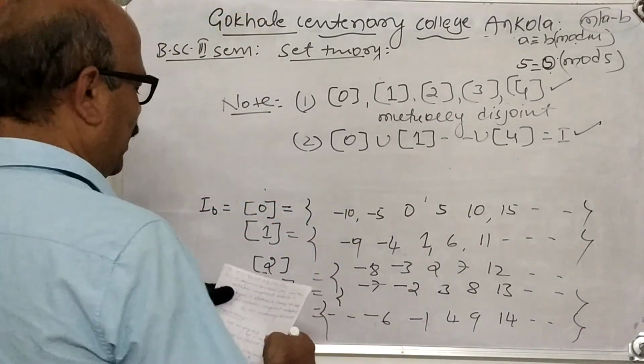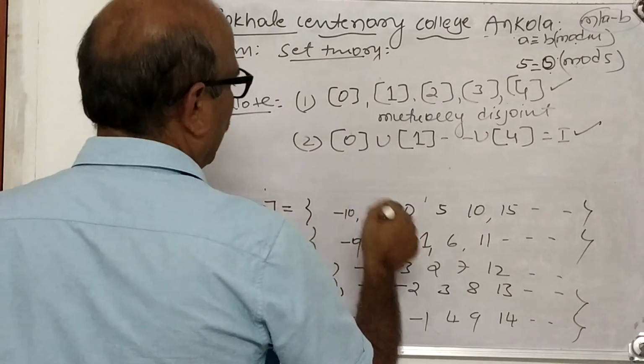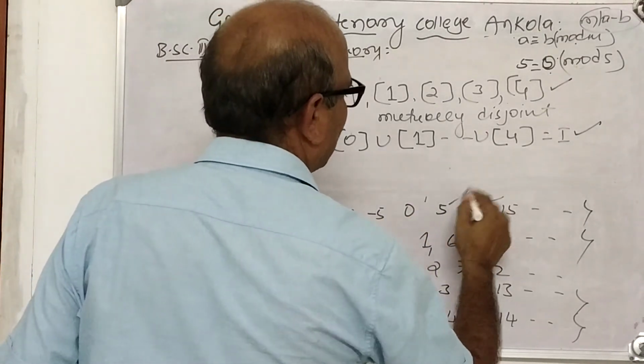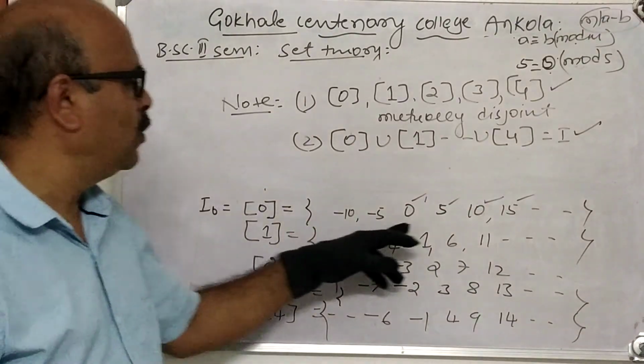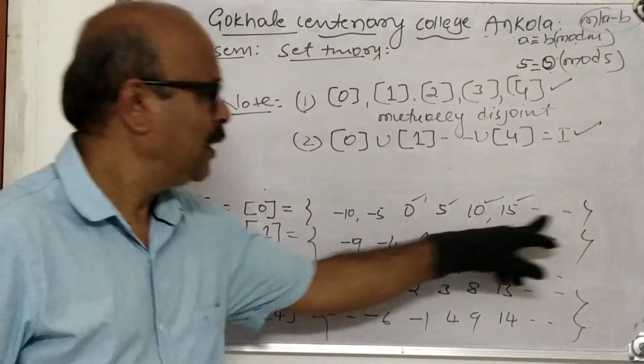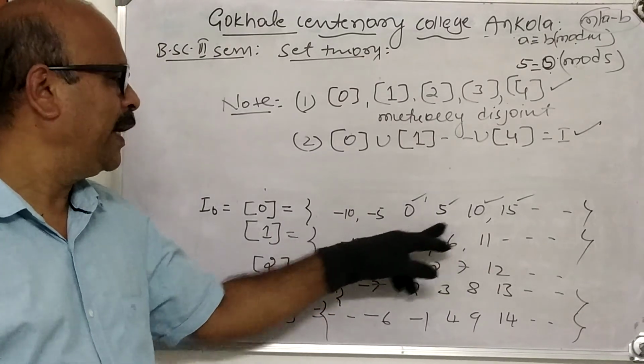And the third one is that integers in the same group have the relation congruent modulo 5. For example, 0 and 5 are congruent modulo 5.